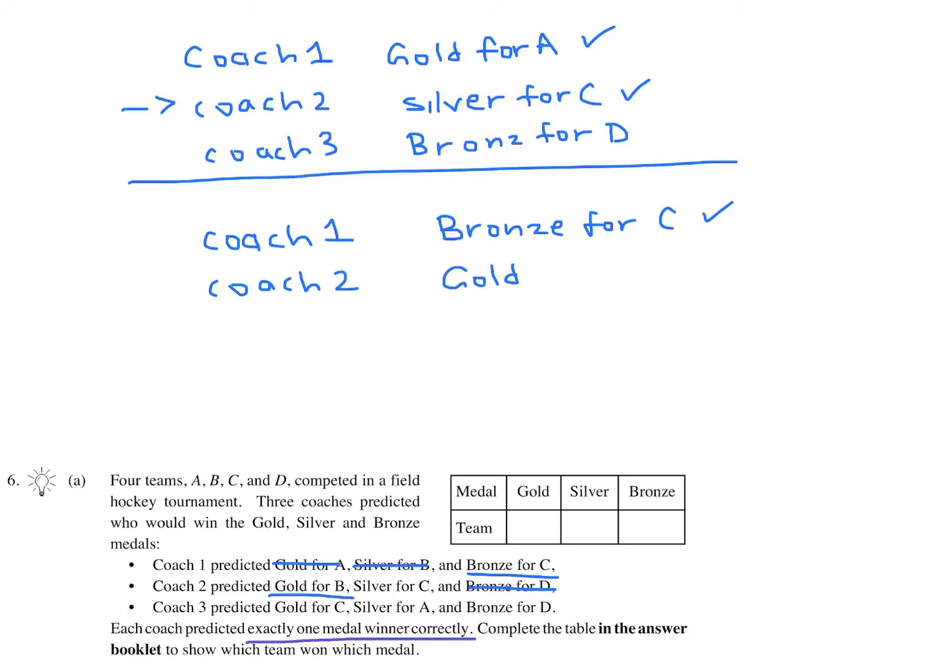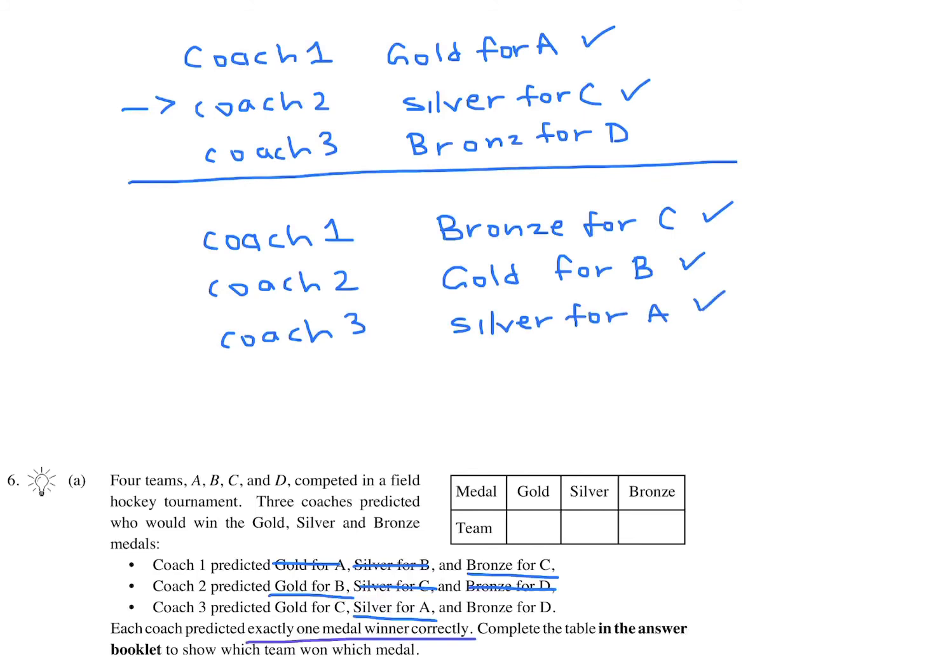Gold for B. Okay, so that's an accurate prediction. Now he can only be right once, so silver cannot be for C. Now let's turn our attention to Coach 3. We've already got the prediction accurate for bronze and gold, so silver is the only thing that's left, and therefore silver must go to A. Silver for A.